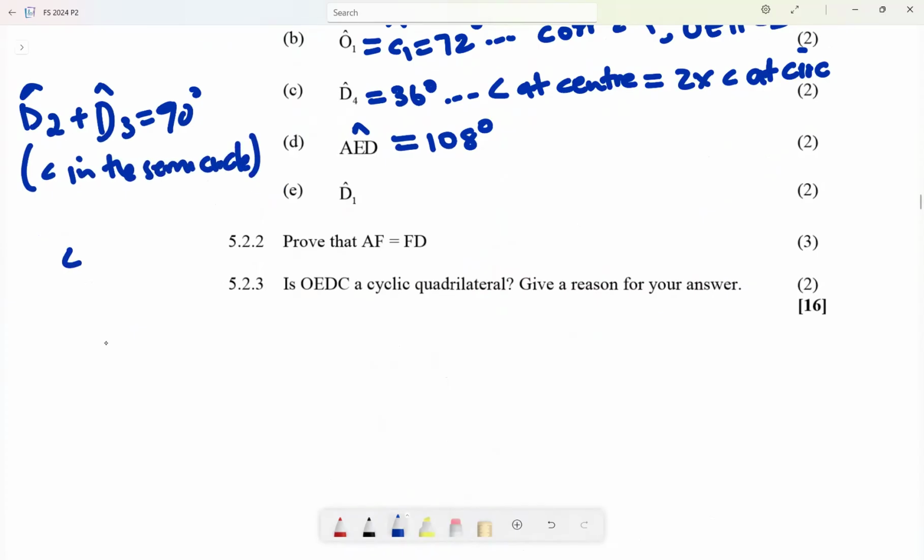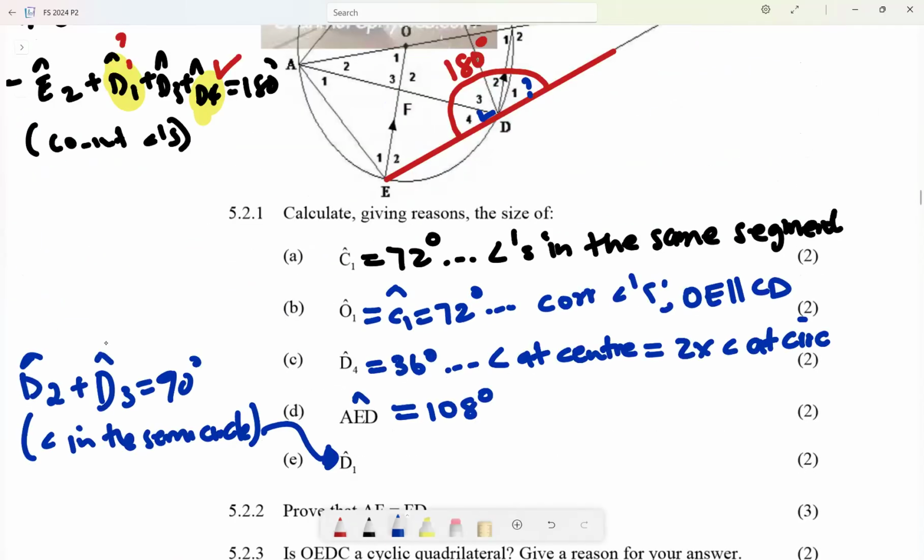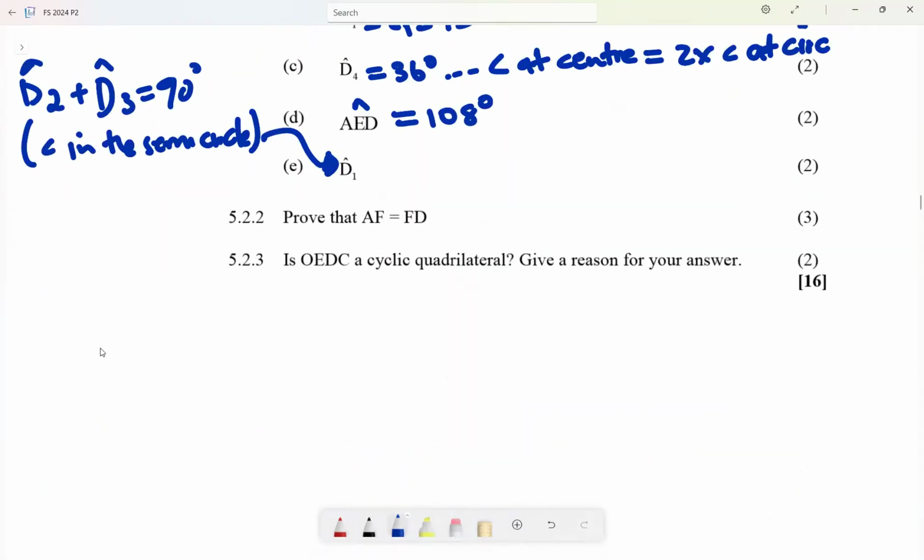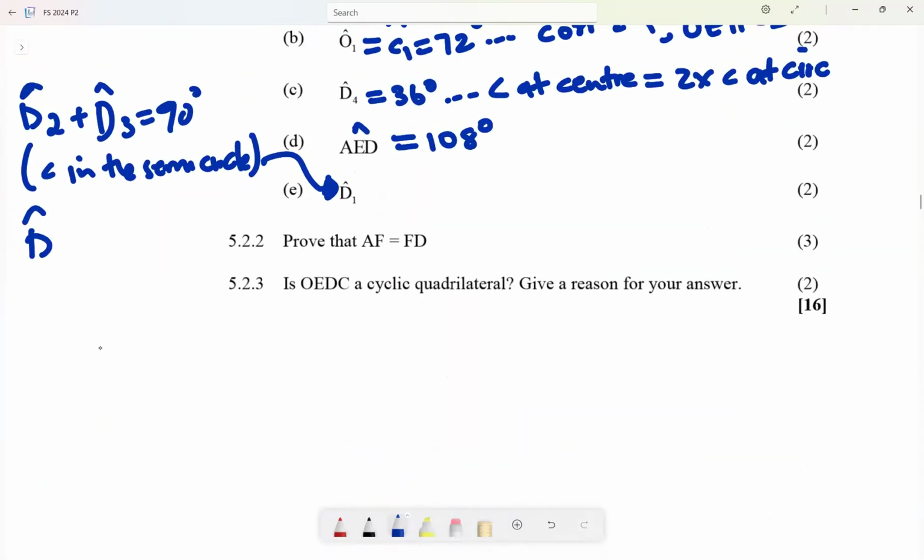You can say angle in the semicircle like this, it's fine. So I'm taking this here to help me. But now I remember, I'm also taking the information that D1 plus D2 plus D3 plus D4 is equal to 180.